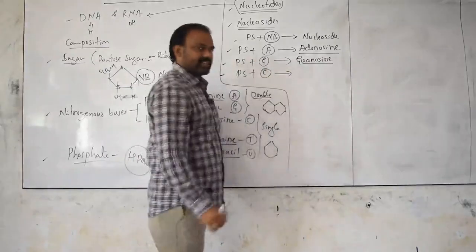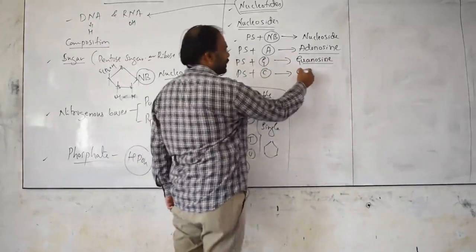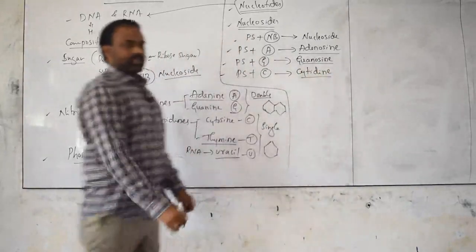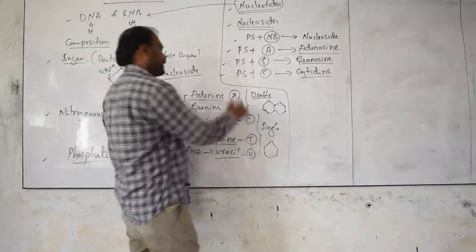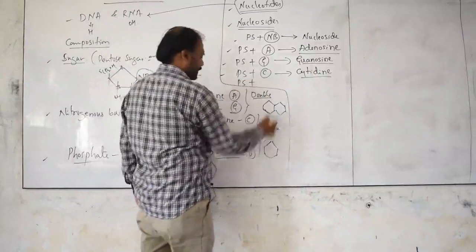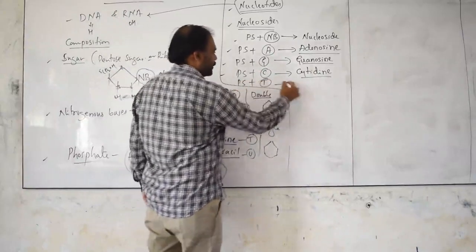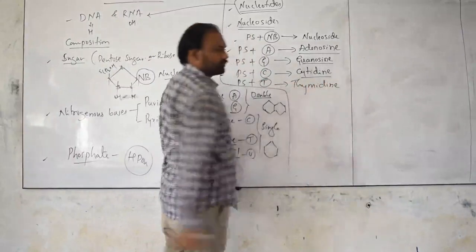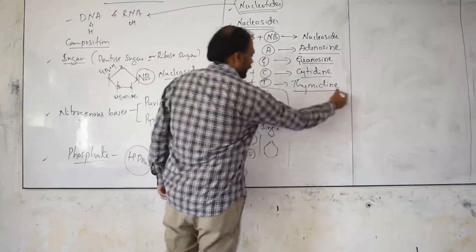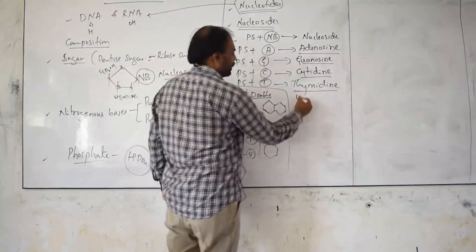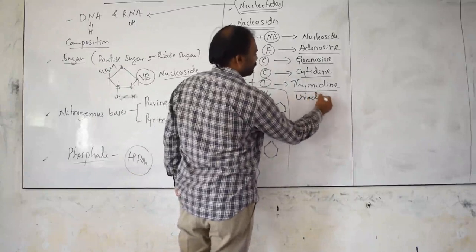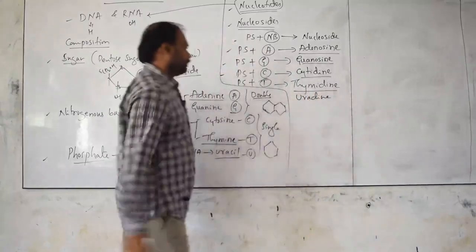It yields the nucleoside cytidine. Next, pentose sugar plus thymine gives thymidine. Next, if I put uracil, it will become uridine.